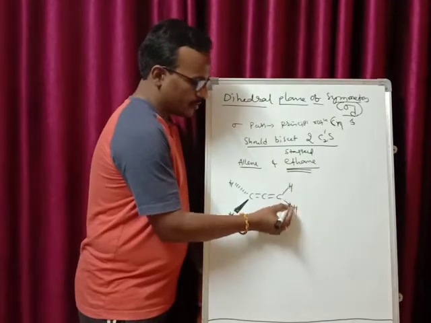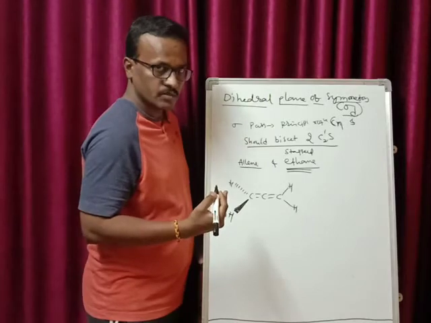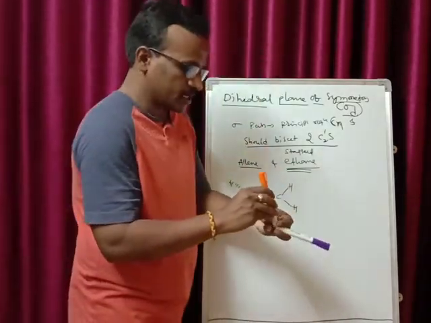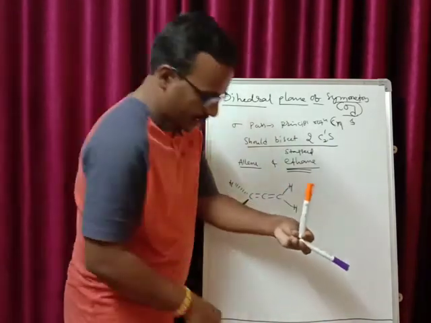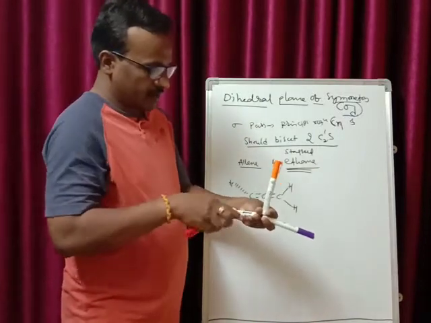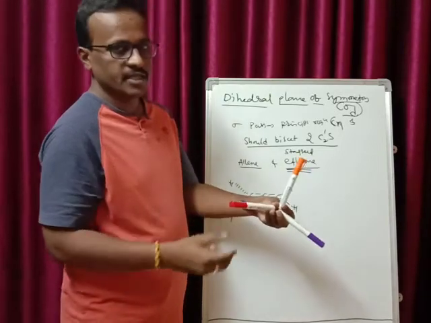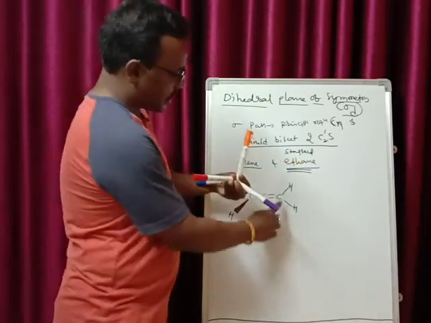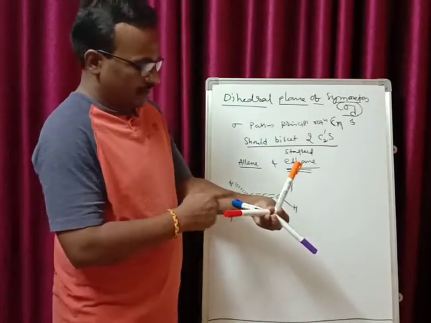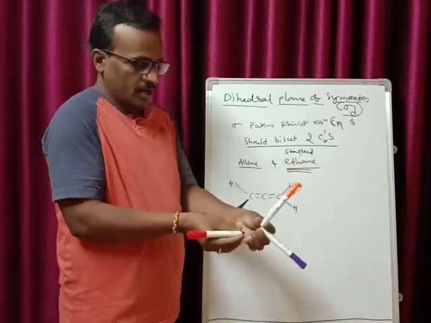If these two are in the board plane, this hydrogen will be away from the observer and this hydrogen will be towards the observer. The two hydrogens attached at this position will be in this plane. The other two hydrogens on this carbon will be in this plane. That is, they are perpendicular to each other. One hydrogen is away from you and the other hydrogen is towards you. So this is how your allene molecule is.